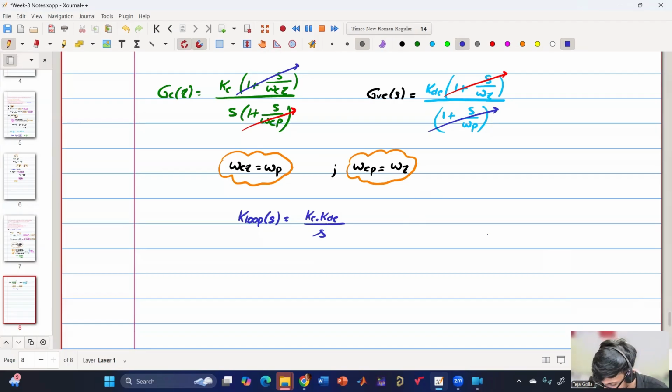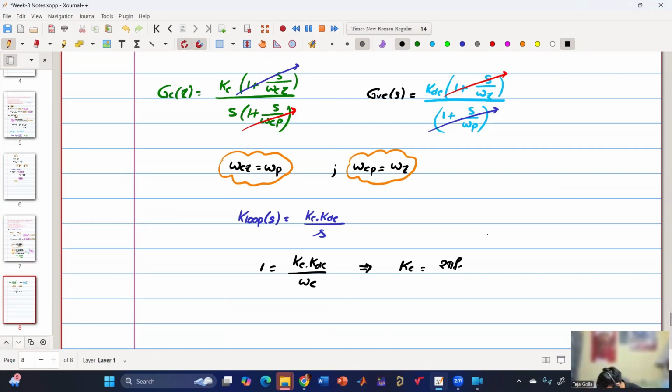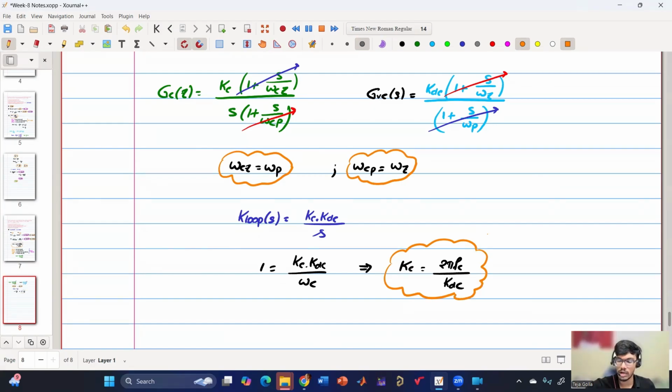Yes, that gain crossover frequency expression. So if you remember, we can directly write, we'll get 1 equal to KC into KDC by omega C. So we need KC. So KC is nothing but 2 pi FC by KDC. So these are the three unknowns that we need to get to design the controller.